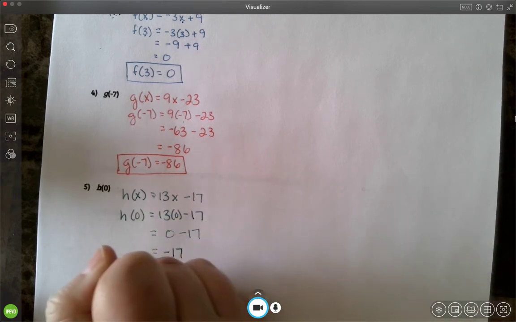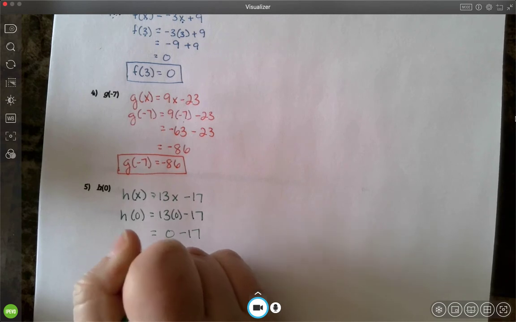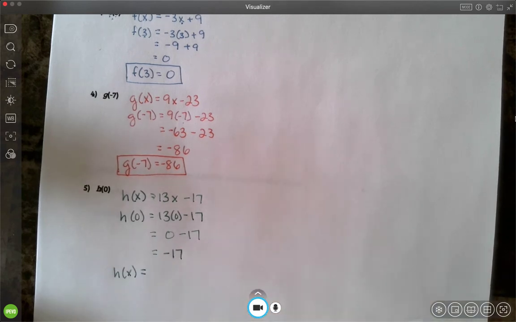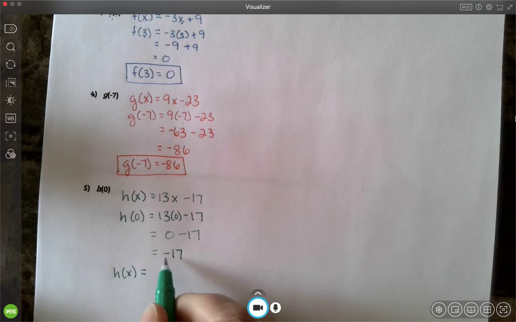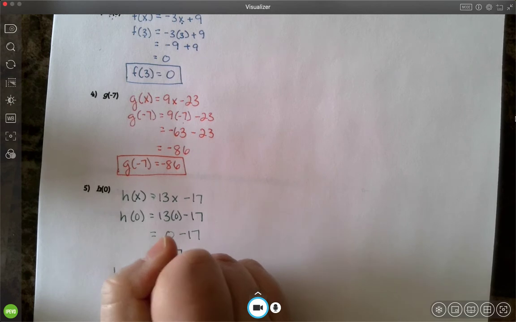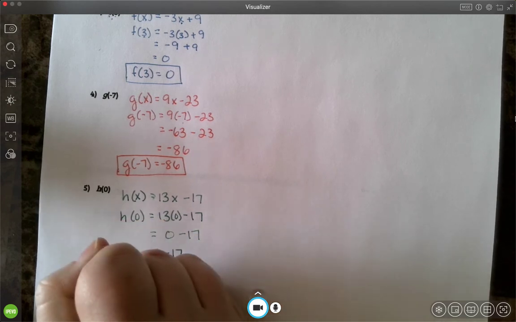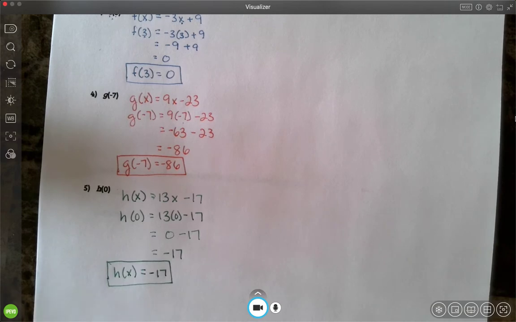Be careful at the end there. A lot of you are going to see that 0 and then see the number 17 and just write that down and forget that you're actually subtracting 17. So you need to make sure you put that negative down in front of that 17. Okay, and that is how you do lesson 8.1.